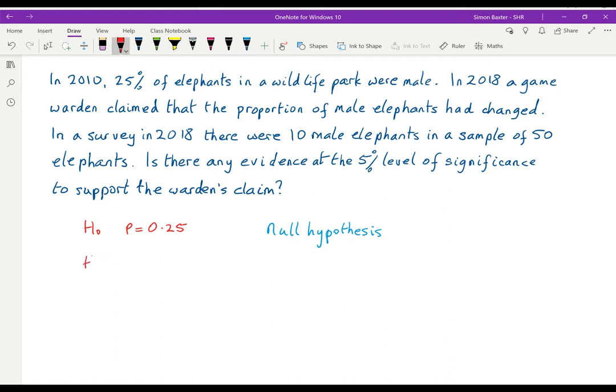Now, H1 is what is called the alternative hypothesis. We are asking whether the proportion of male elephants has changed. So if we assume they haven't, the alternative hypothesis, what we will conclude if we reject H0, is that P has changed. In other words, that it's no longer equal to 0.25.